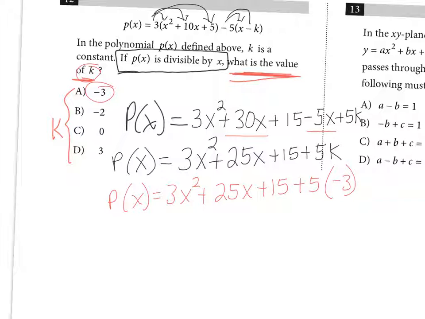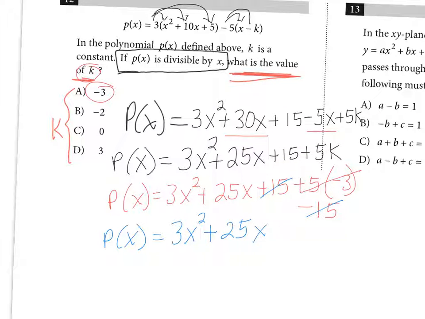What is 5 times negative 3? Negative 15. So if that is negative 15, can I simplify that negative 15 with something on the polynomial? Yeah. The 15. So the positive 15 and the negative 15 would cancel each other. So my simplified polynomial would be 3x squared plus 25x.